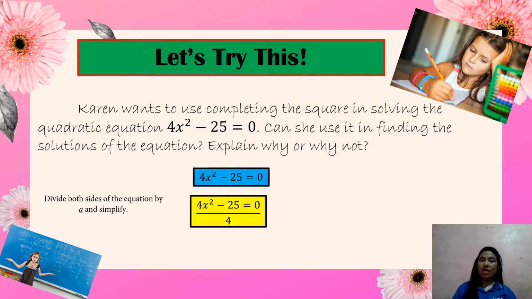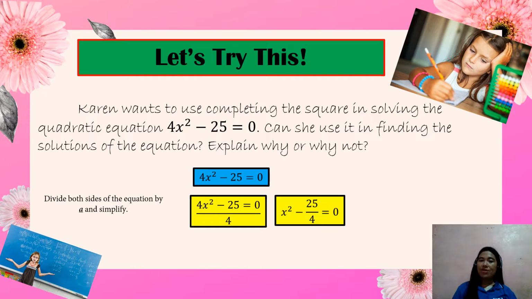So as we do that, of course, 4 divided by 4 is 1. So we have x squared, and then 25 divided by 4, of course that will not give us a whole number, so we have to retain it as it is. So we're going to have here x squared minus 25 over 4.